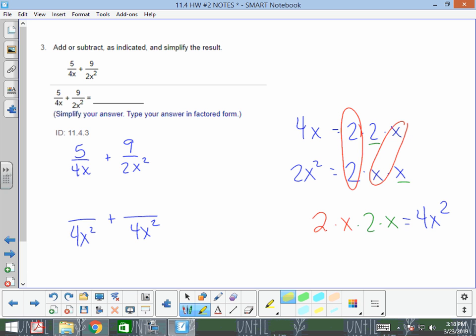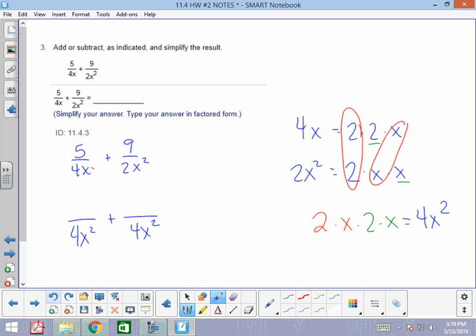All right, so we're going to see what times 4x is 4x squared. Well, you can divide 4x squared by 4x, and that will tell you what times 4x is 4x squared, and that will be x. So I'm going to multiply the numerator for that first fraction times x, so that's 5x. Do the same thing here.